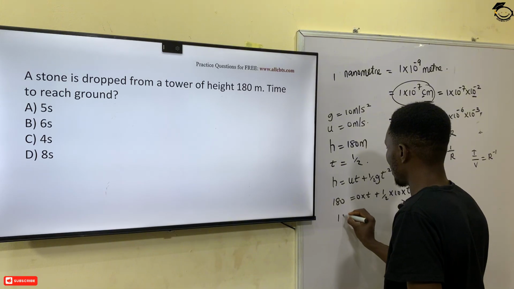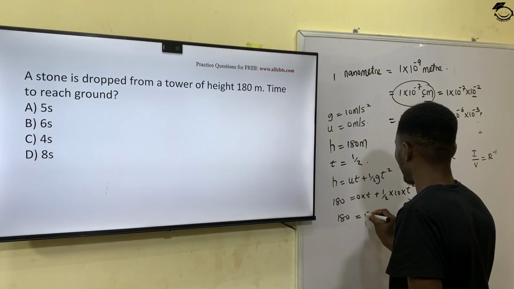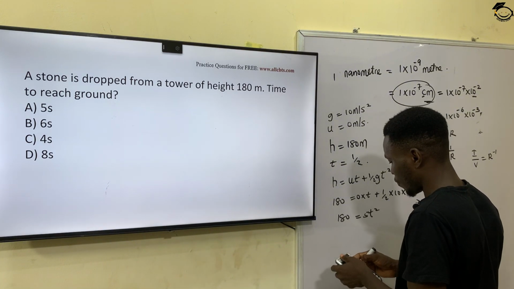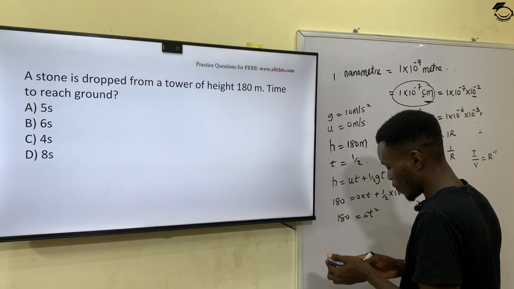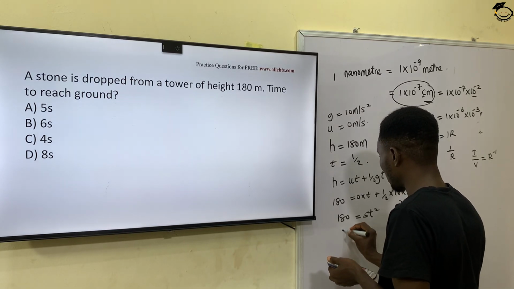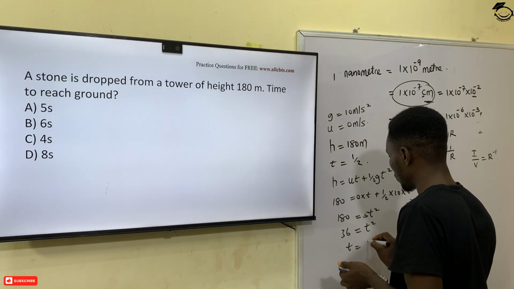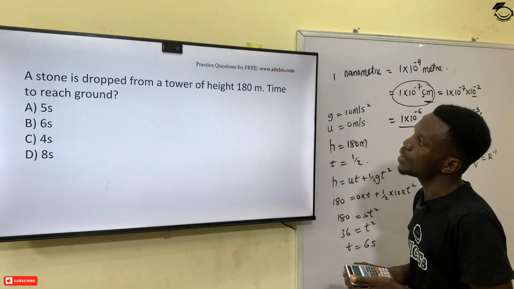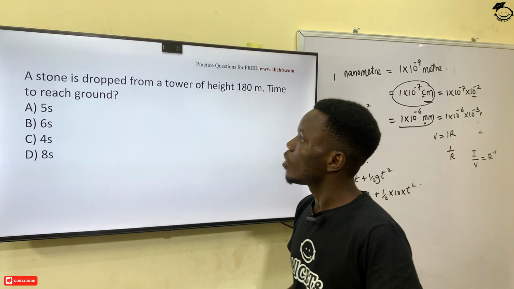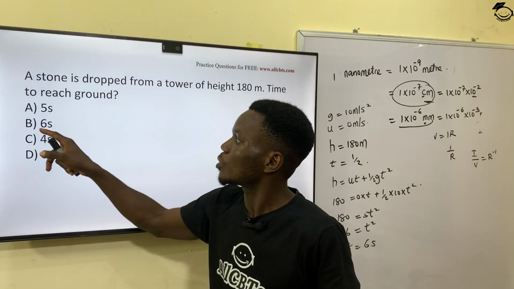So this will give me 180 is equal to 5T squared. So I have 180 divided by 5, which will give me 36 is equal to T squared. It means that my T is equal to 6 seconds. So it means that it will take 6 seconds for this stone to get to the ground, which is option B.